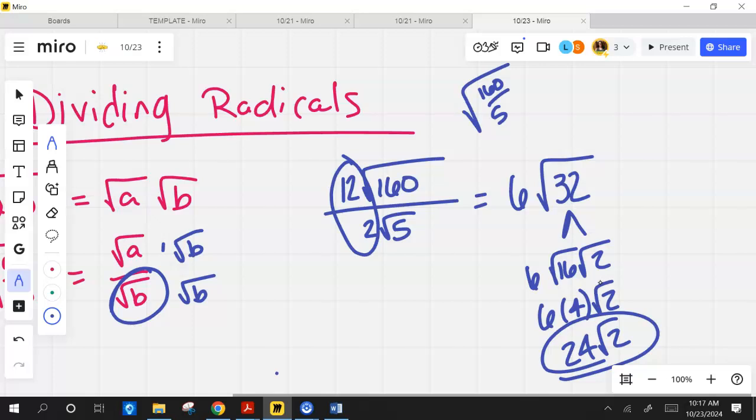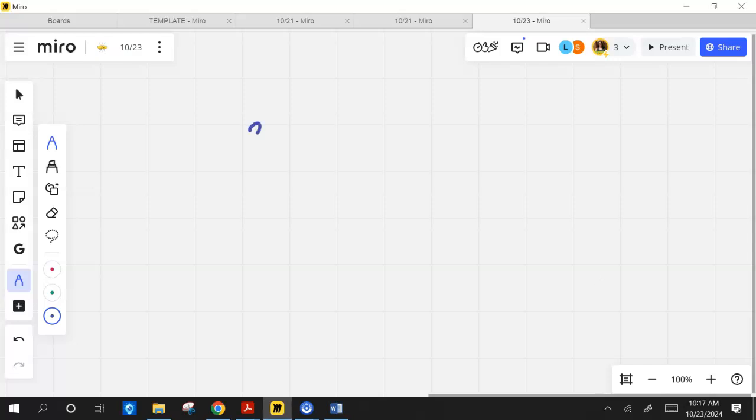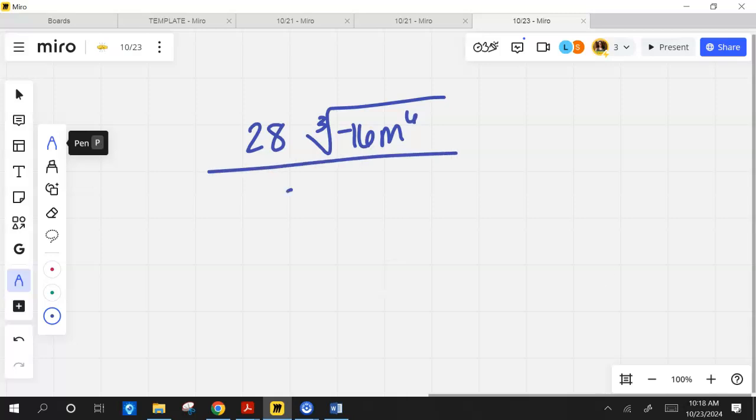All right, so this is what we did in Unit 1 when we did quadratics, yes? So it might feel like you've done it before. The difference now is we're going to throw in some other roots.